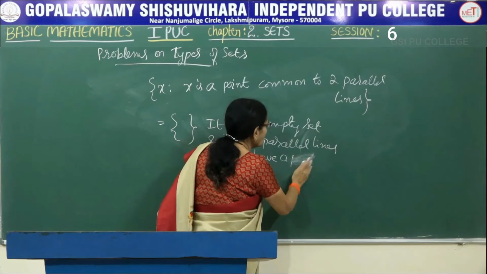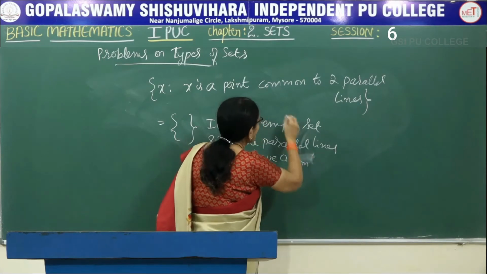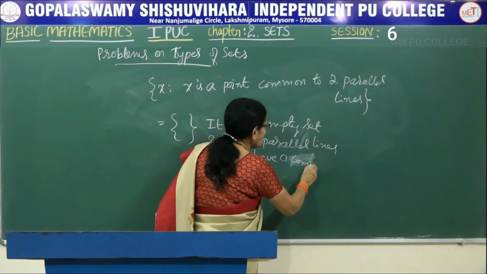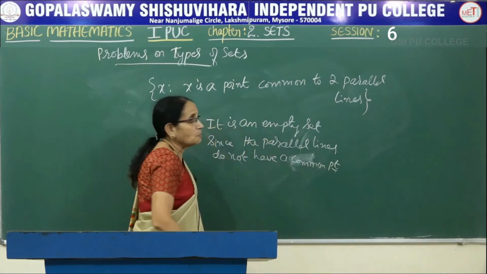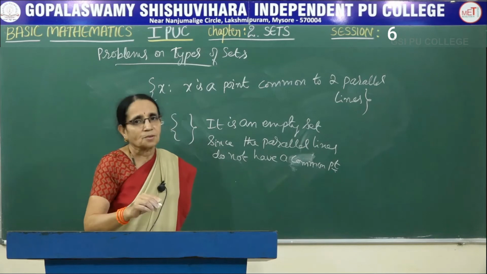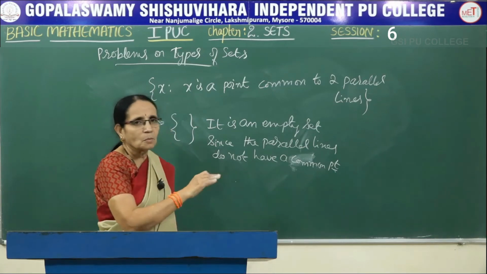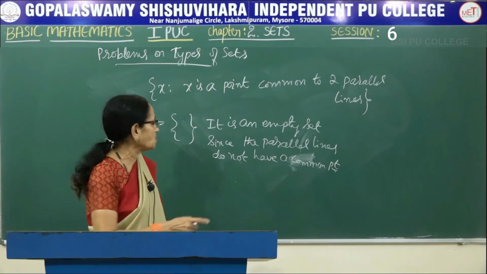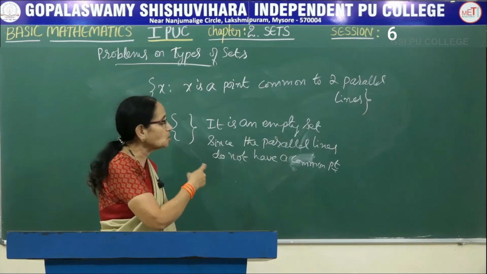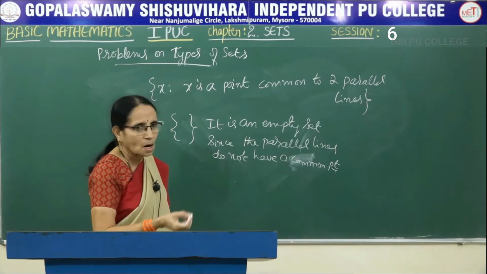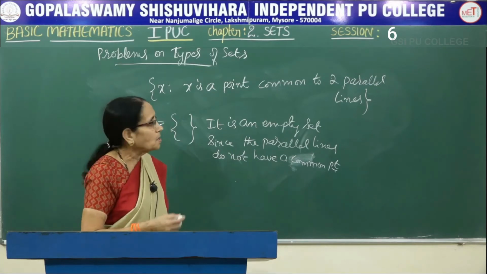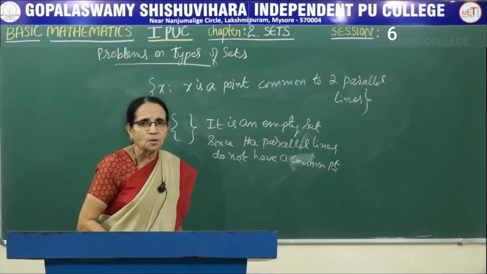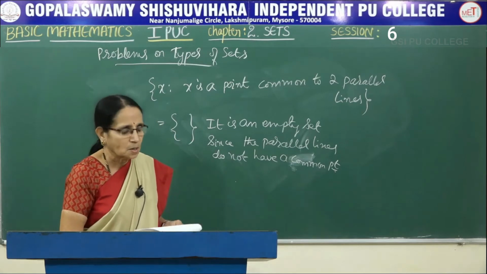You can write do not have a common point, or you can write the parallel lines do not intersect. The same meaning is given by writing in two different ways. You can write since the parallel lines do not meet or do not have a common point, or there is no point common to both the lines. That can be expressed in 2-3 different ways, but it should give the correct meaning.